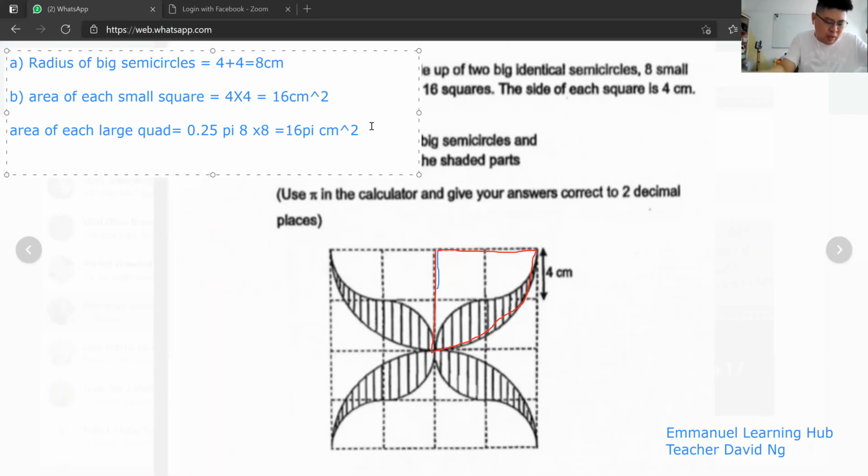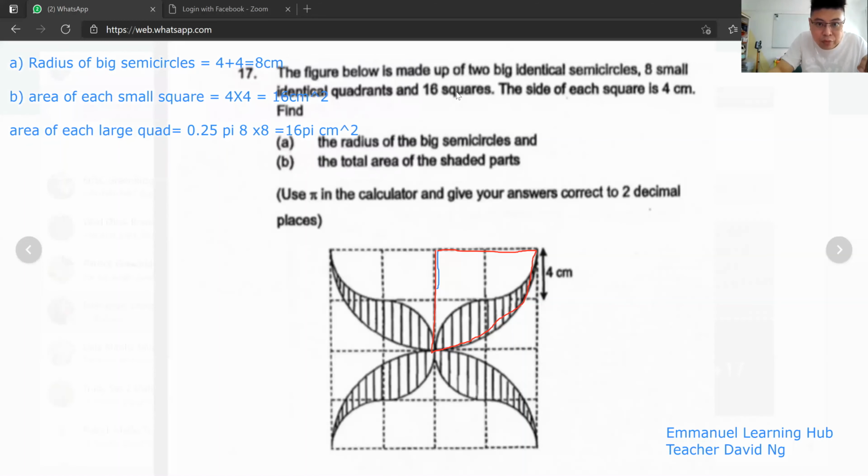Then after that, you have to find the shaded area within 4 small squares, meaning this shaded area. This part. I shade it in black now.